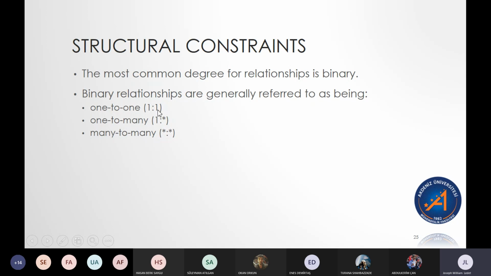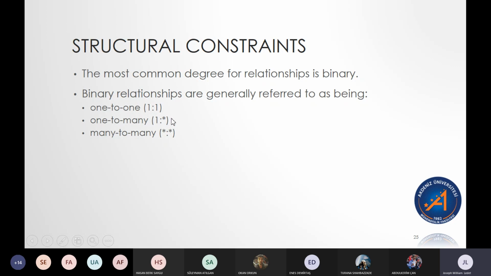We can't have Meli Hoja be the head of both the computer engineering department and the electrical engineering department and the tourism department. If you're the head of one department, you can only be the head of one department. That could be a one-to-one type of relationship.